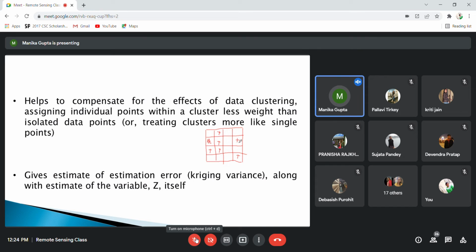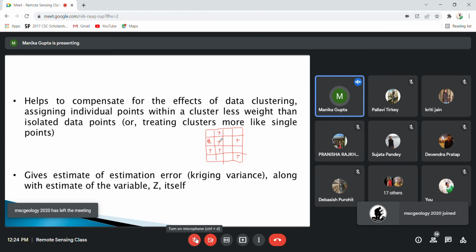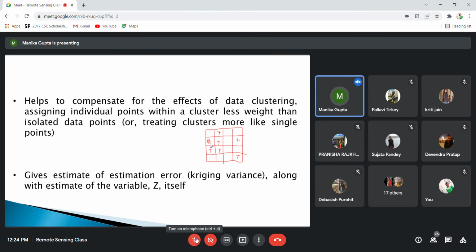But when we are talking about kriging, it will try to give less weight to the individual values in this cluster. It will not provide separate weights. If you take IDW, it will provide a lot of weight to all these 4 pixels here. But in kriging, all these together would have a high weight, but individually they will have less weight because they are in a cluster here. Is it understandable? Do you understand what I'm trying to say here?